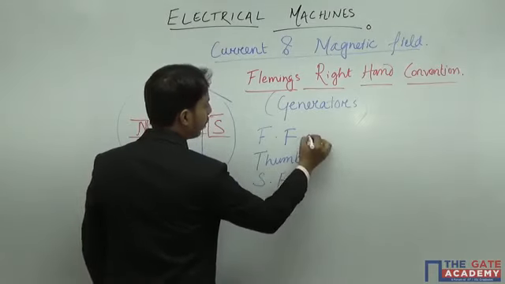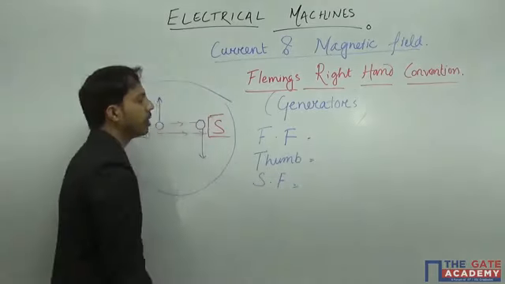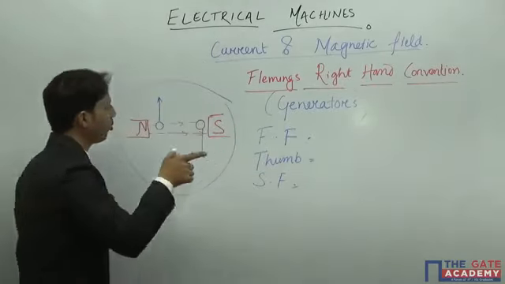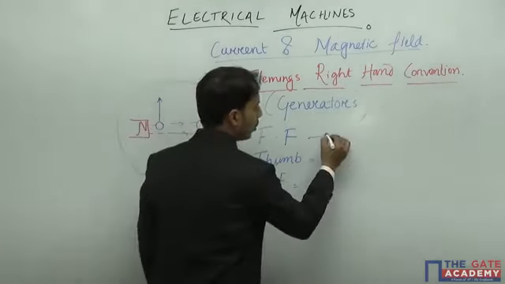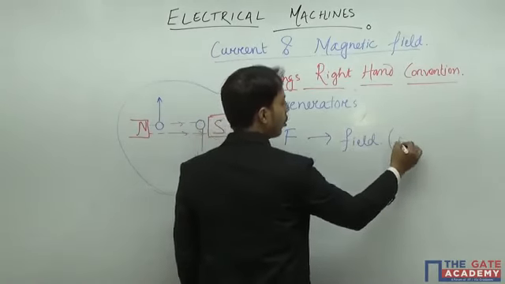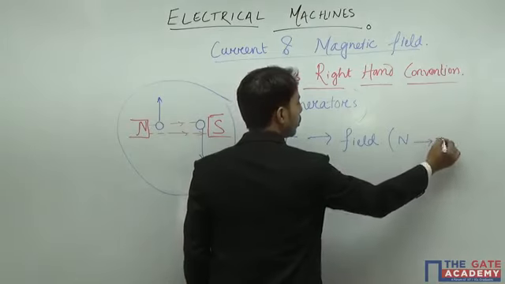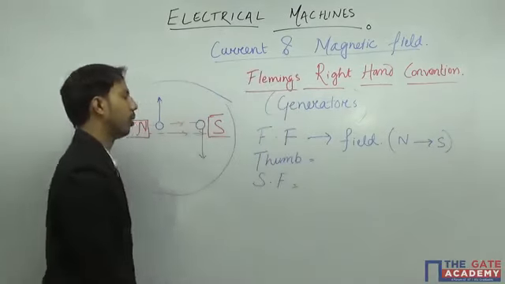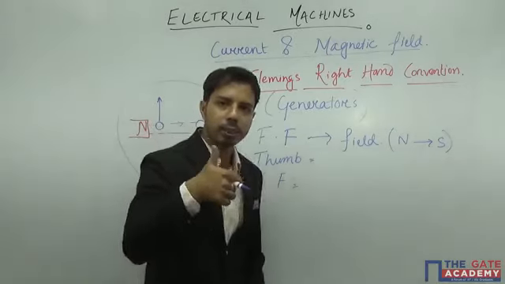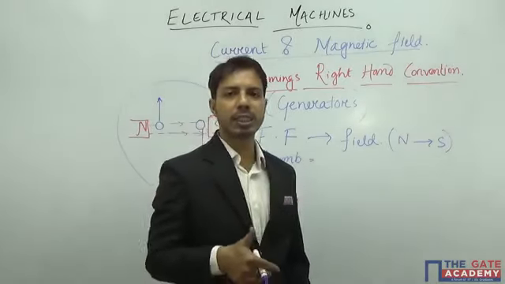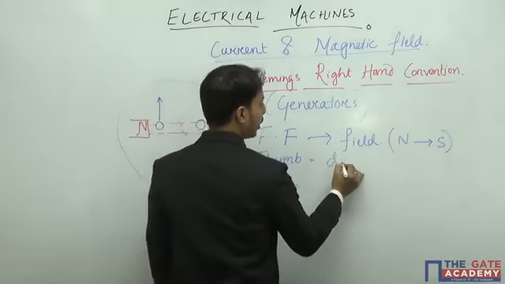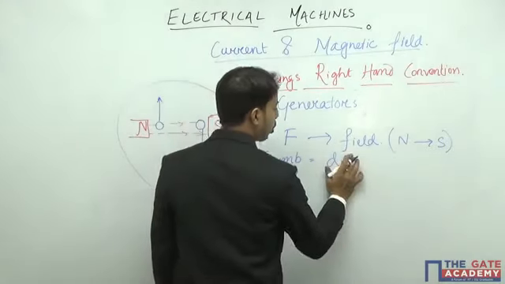The direction of my forefinger will be the direction of my field, from north to south. The thumb is going to represent the direction of the force or torque.